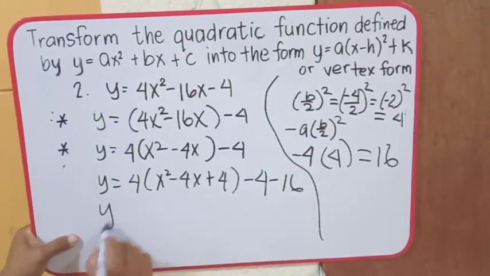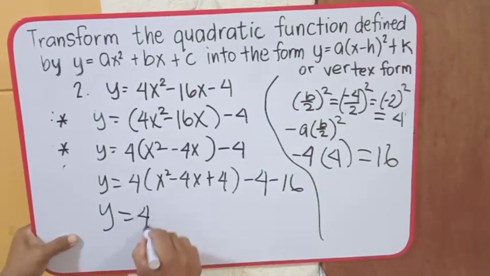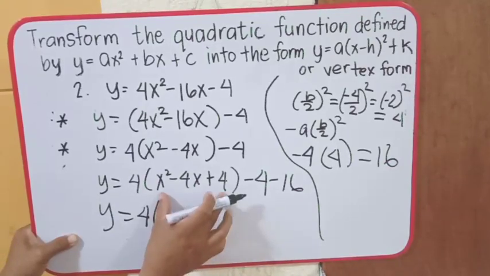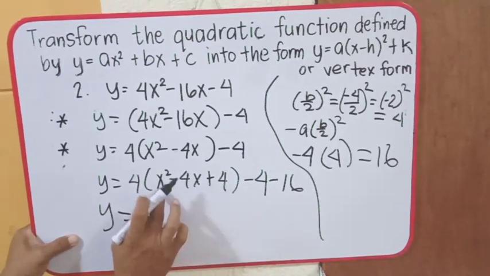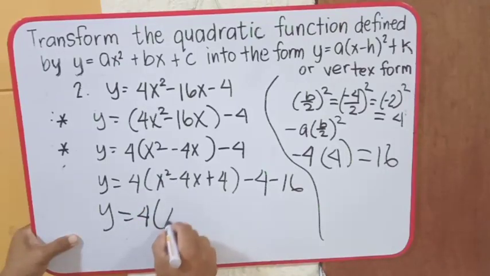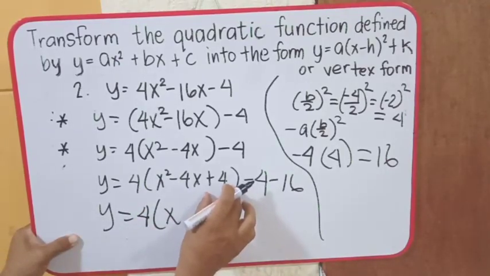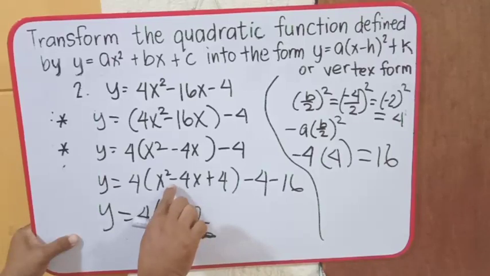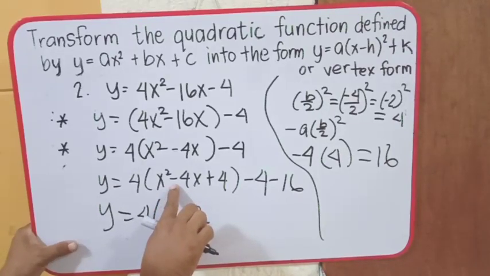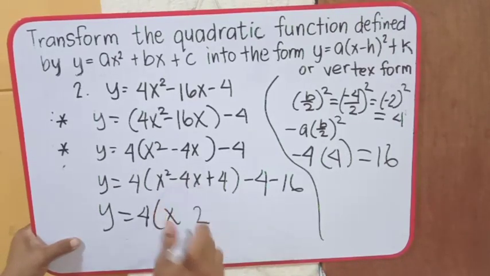So, y equals 4 times the quantity of, itong perfect square trinomial gagawin nating binomial. Simple lang. Get the square root of x squared, x, and the square root of 4 is 2. Copy lang natin ang sign ng middle term. Ano yung sign ng middle term natin?